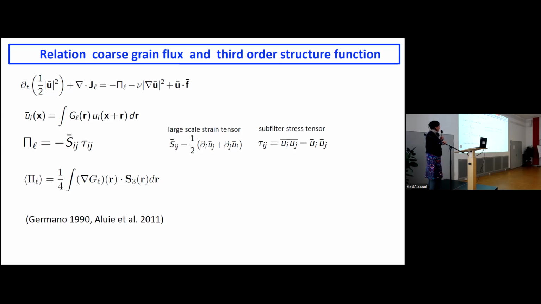You can also express this coarse-grain flux as a function of the velocity increments, so the structure functions. And then you arrive at a formulation that is an integral and involves this filter G, just the general coarse-graining filter, and here the third order structure function.